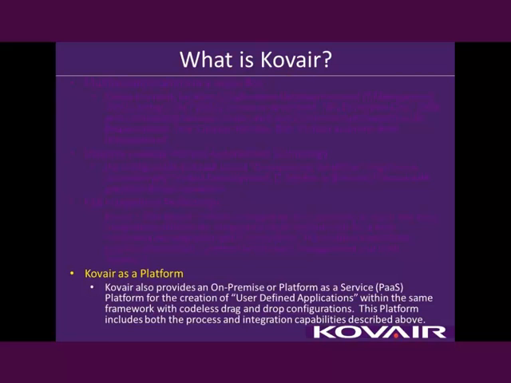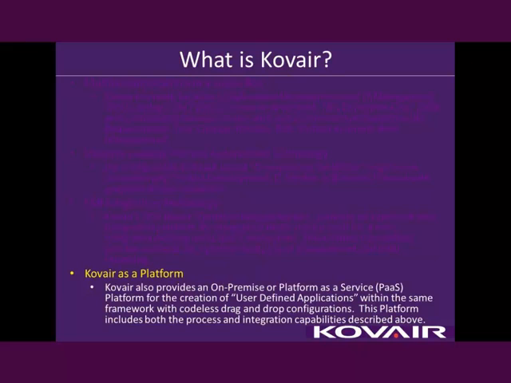The last component of Kovair is its platform capability, which basically means you can create your own applications using Kovair as a platform. And these applications are as powerful as any of the built-in applications. As a matter of fact, the built-in applications are also created just by using Kovair platform capability.